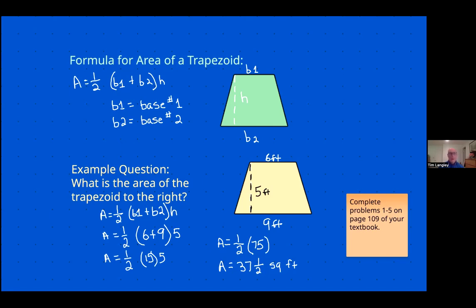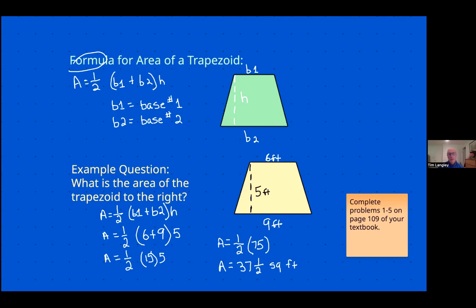All right, so in this case, our magic formula here is: area is, now this looks pretty fancy, 1/2. Okay, this reminds us of triangles, doesn't it? 1/2 times, and remember when it's parentheses right next to something, that means times in math, okay? 1/2 times B1, okay, plus B2. All right, now what does that mean?